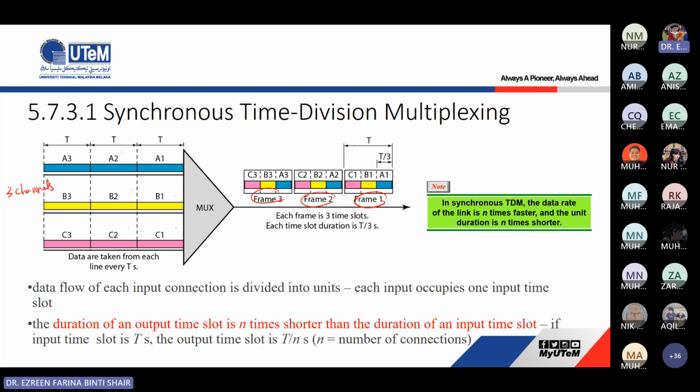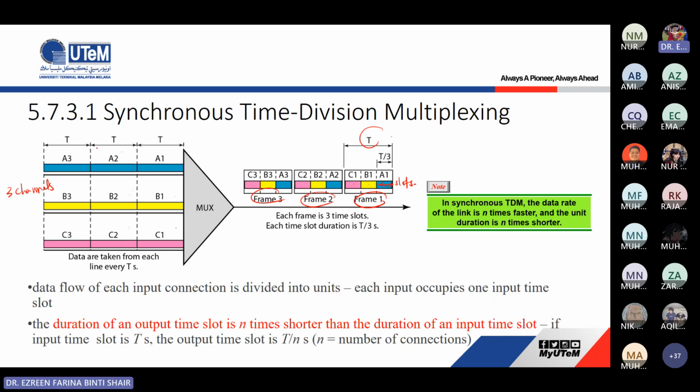So the duration of the frame is equal to T. Basically, in one frame we have 3 slots, depending on the number of channels. This is what we call slots. So the time slot duration is T over 3, because you have three slots.